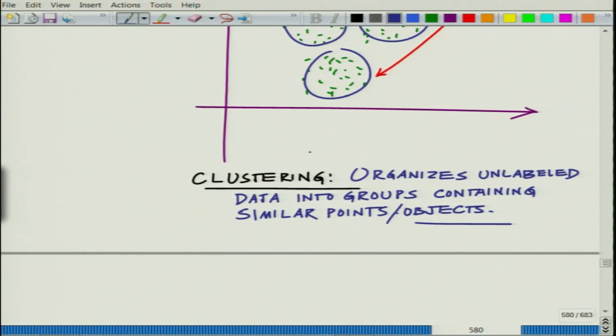And this particular aspect of clustering has many applications.